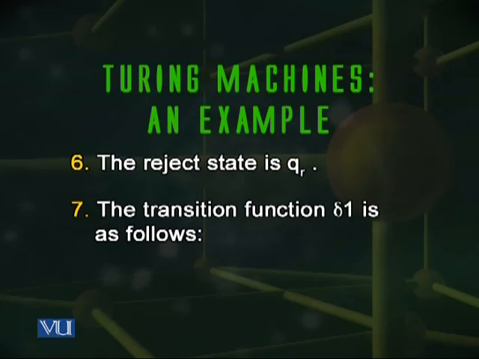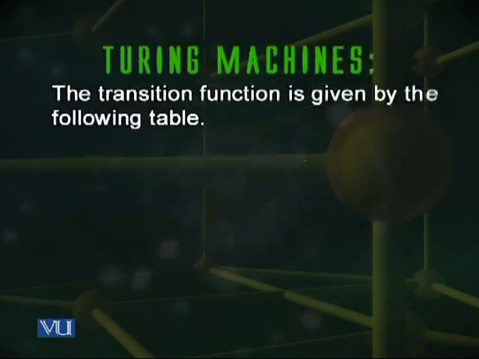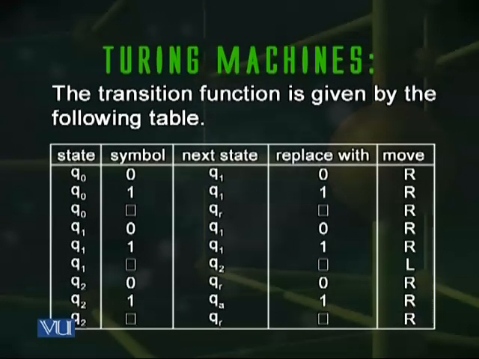and lastly, I have to describe to you the transition function of this Turing machine. Let us look at the transition function, which is given by the following table. If the machine is in state Q0 and it's reading a 0 or a 1, then it moves into the state Q1 and it does not change the symbol that it's reading and it moves to the right.